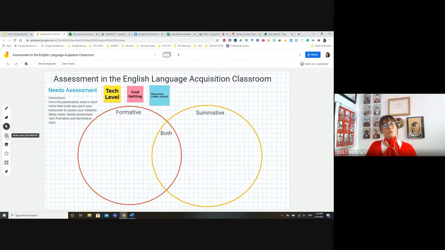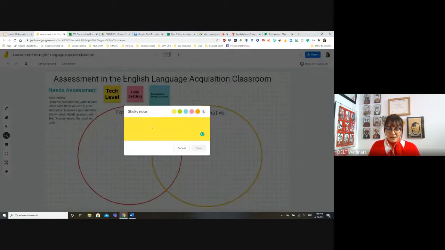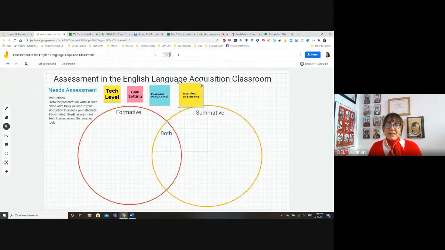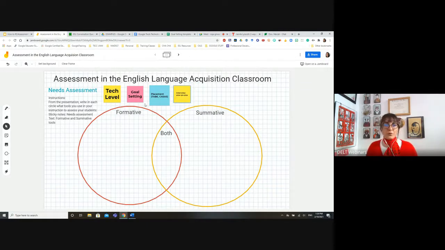When you talk about needs assessment, click on the sticky note and put, for example, an interview, one-on-one. Add it there, save, and then put it here. Then I want you to list all the needs assessment strategies you use in your class, in your program.